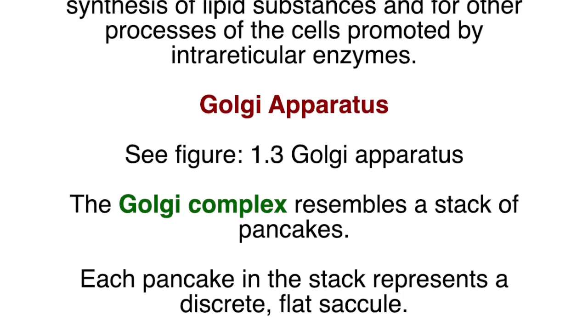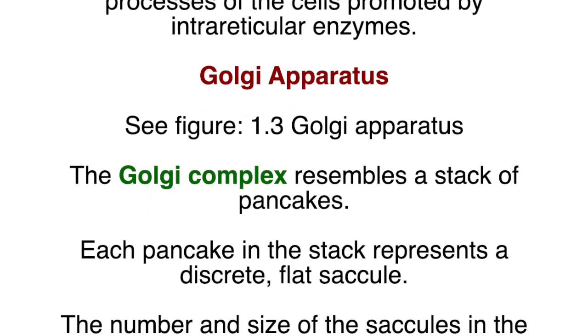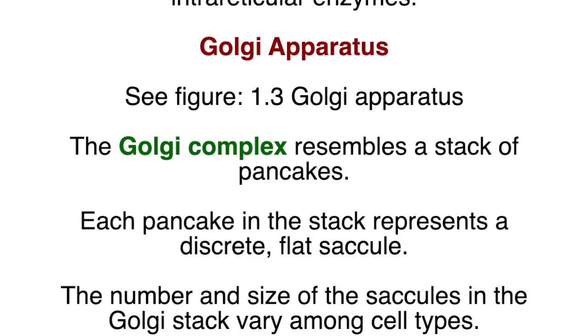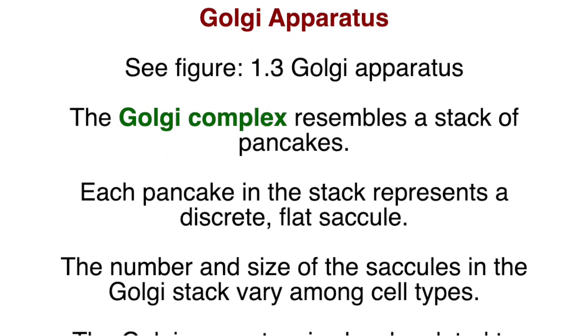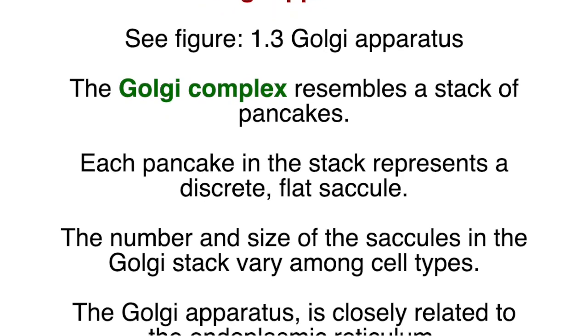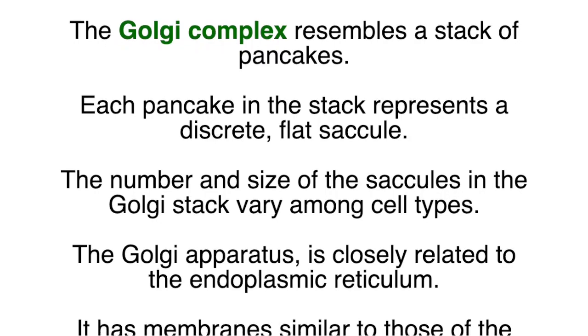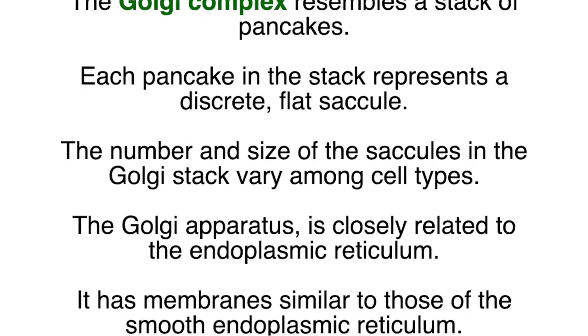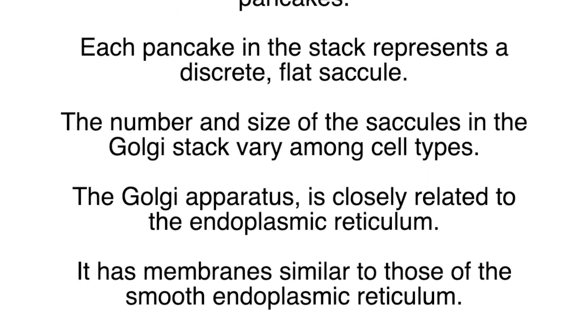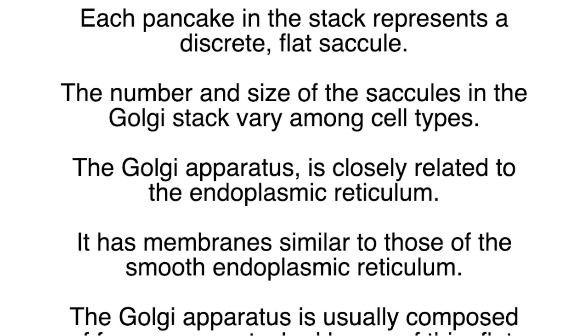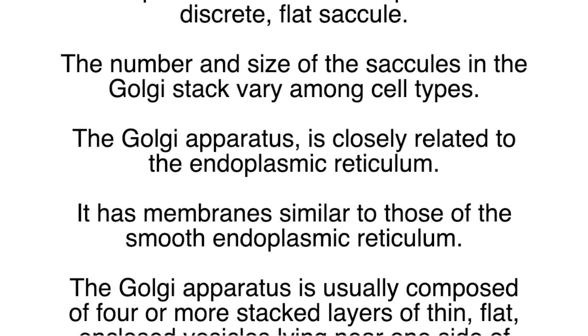The Golgi complex resembles a stack of pancakes. Each pancake in the stack represents a discrete flat saccule. The number and the size of the saccules in the Golgi stack vary among cell types. The Golgi apparatus is closely related to the endoplasmic reticulum.